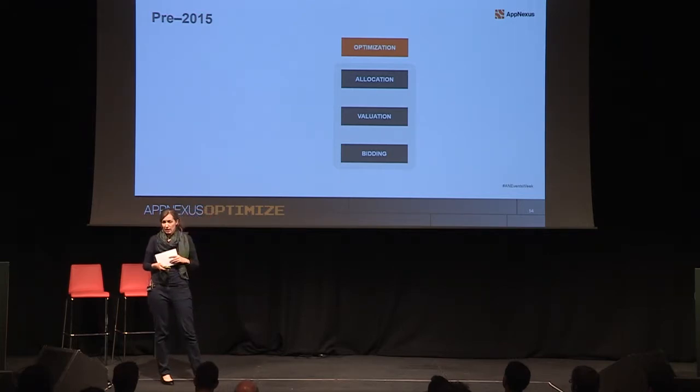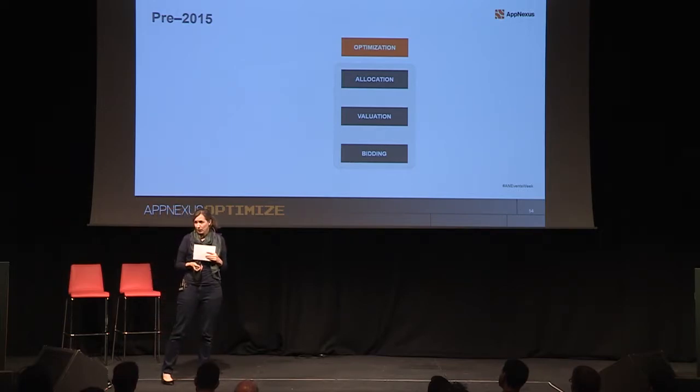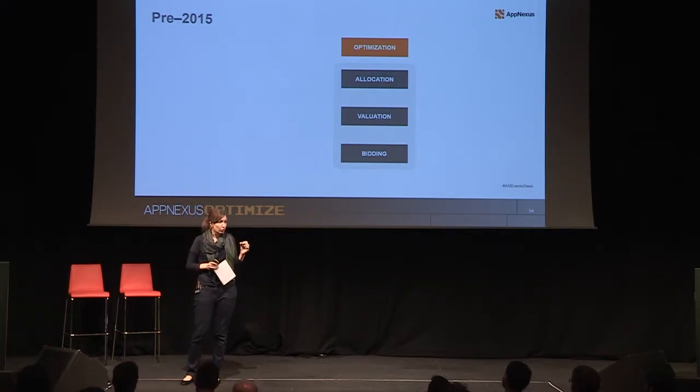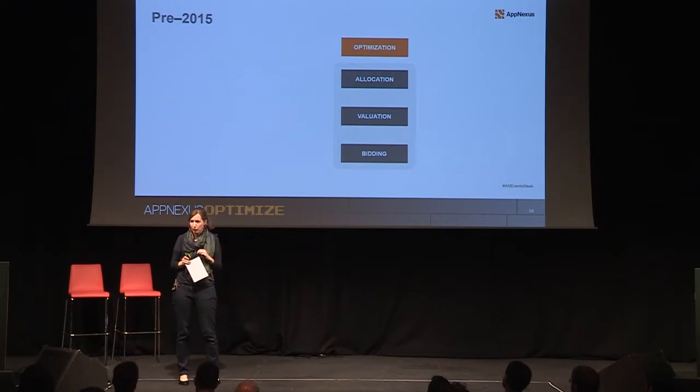Valuation, on the other hand, is determining the actual expected value of a given impression for the advertiser in question. Now, second price auction theory, if you've ever dug into it, says that in a second price auction, you'll get the optimal outcome as a buyer if you bid your true, honest, expected value in the auction, what that impression is actually worth to you.